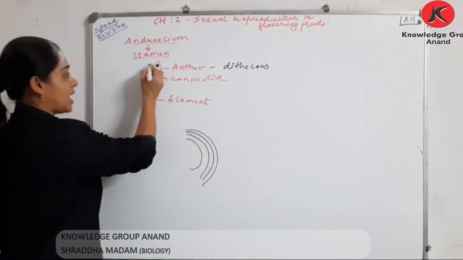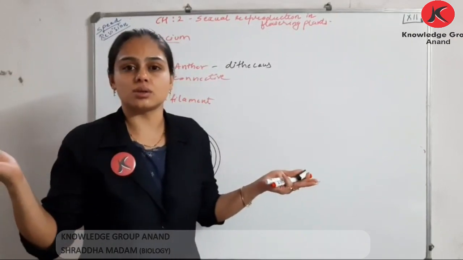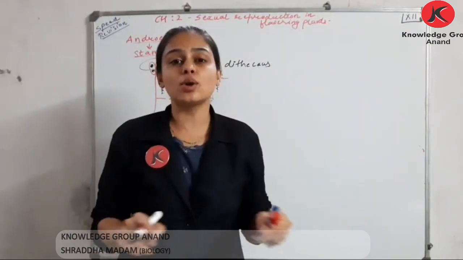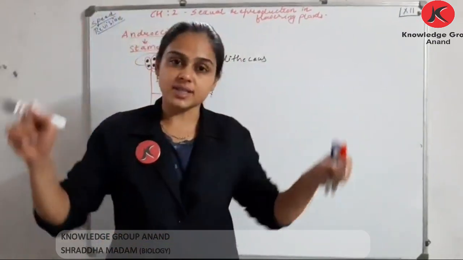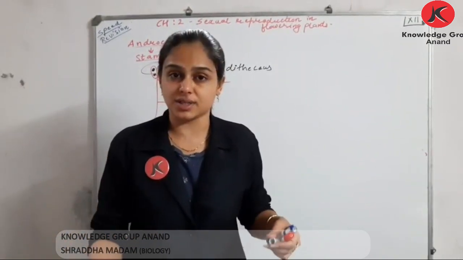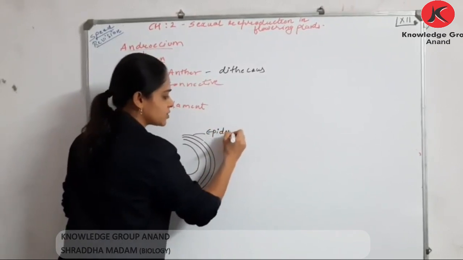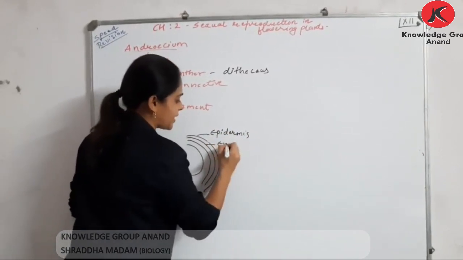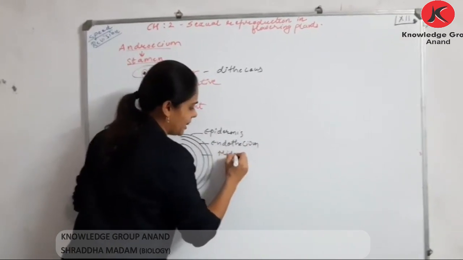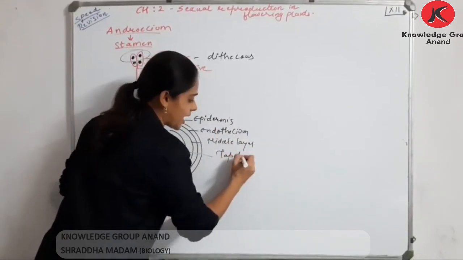If you see the cross section of your microsporangium, it has a circular outline, and it basically has 4 layers, namely सबसे बाहर जो होता है your epidermis, then your endothecium, then your middle layer, and the last one, innermost, is your tapetum.